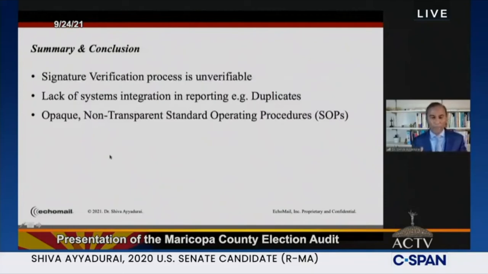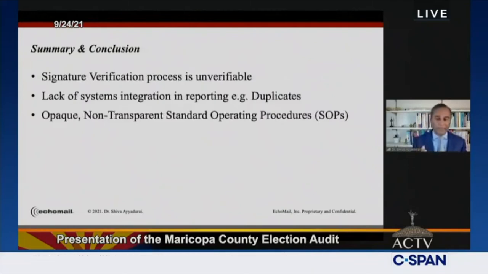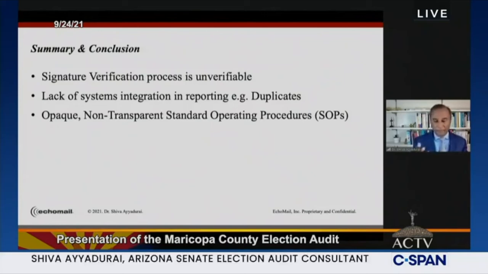So we believe our conclusion is that the signature verification process, no pun intended, is unverifiable. We can't really verify this process. And there's a lack of systems integration and reporting. For example, the EV33s, which should have all the early voting ballots, just on the duplicates issue, we haven't had time to do a full systems integration.